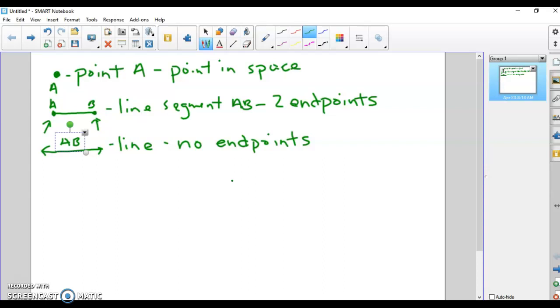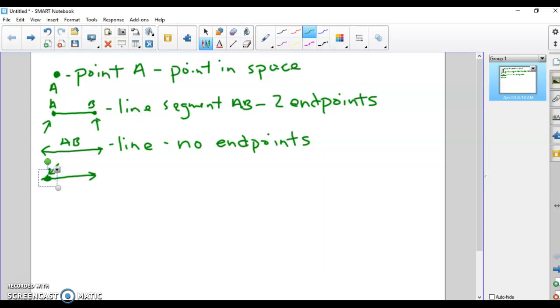And then one of the last, not shapes, but last vocabulary terms that we need to know, something that we went over a little bit yesterday, is a ray. And rays are really important because they are what make up our angles. A ray has an endpoint and goes on forever in one direction. So you're stopping here.